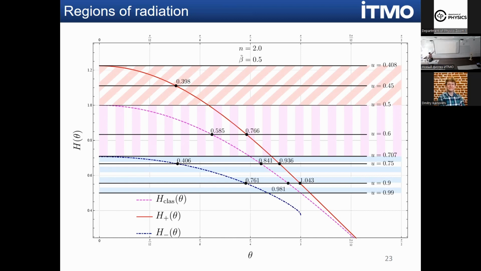For comparison, we have put this H class function to compare the region where you can have Cherenkov radiation, and the H plus and H minus correspond to the regions where you can have the Cherenkov cone described by theta plus and the Cherenkov cone described by theta minus.